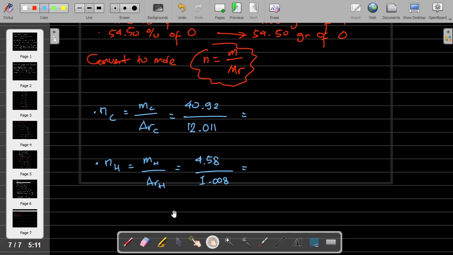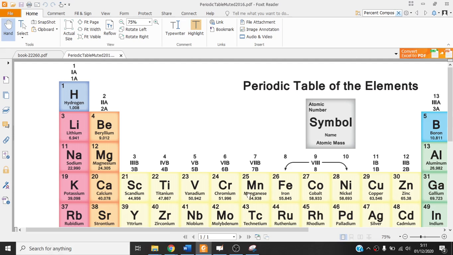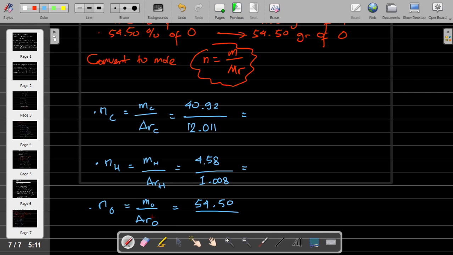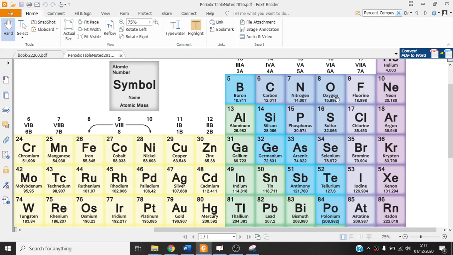And then the last one, the mole of oxygen, and the mass is here, divided by the atomic mass or molar mass of oxygen.